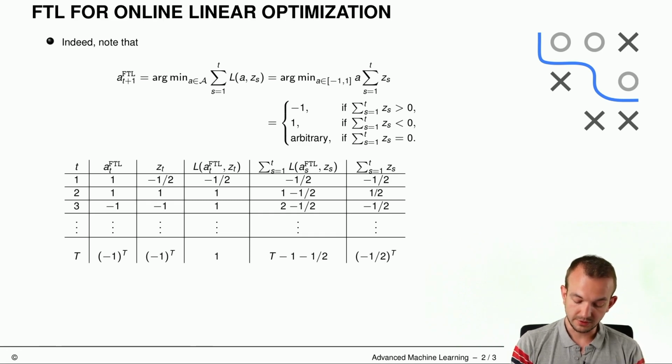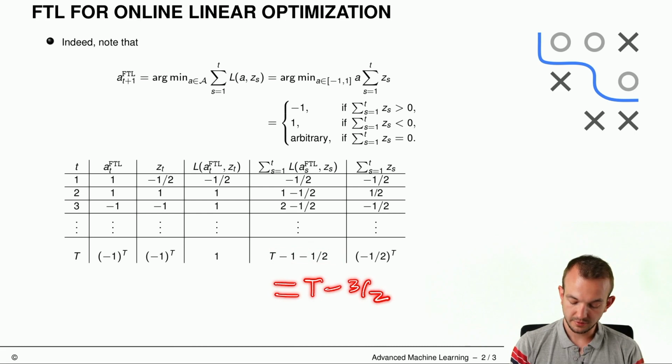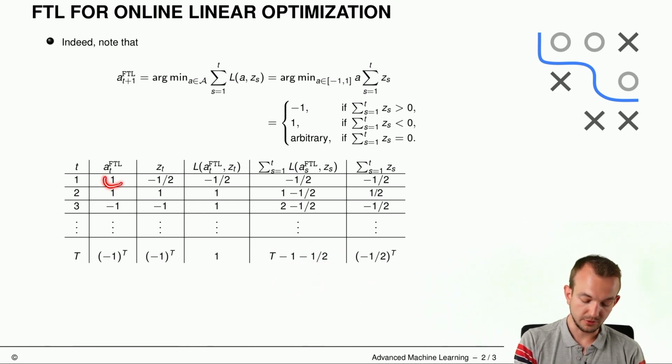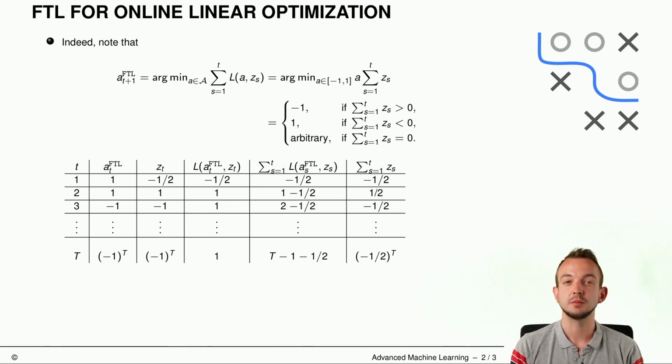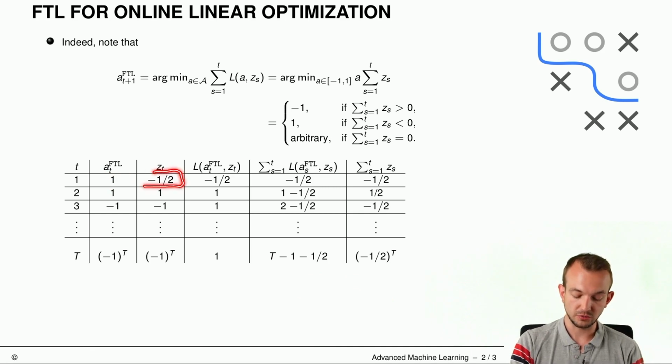Okay, now so you see here, indeed, the cumulative loss will be t minus 3/2, because we have used in the very first time step the best action we could get.